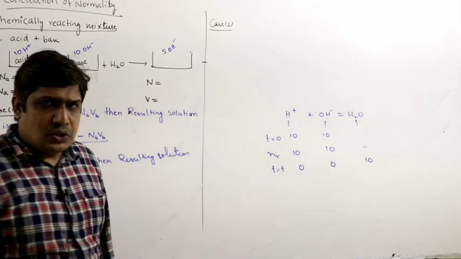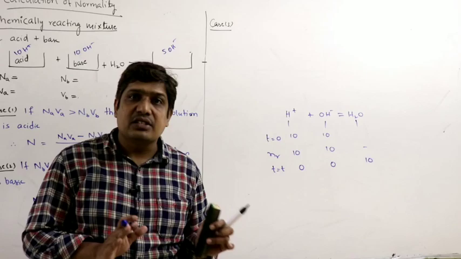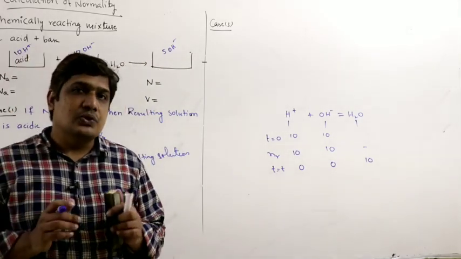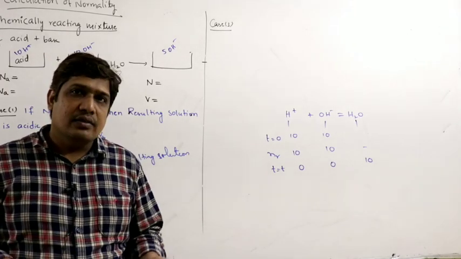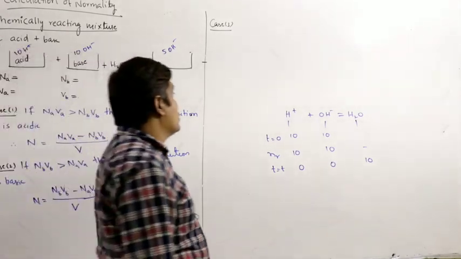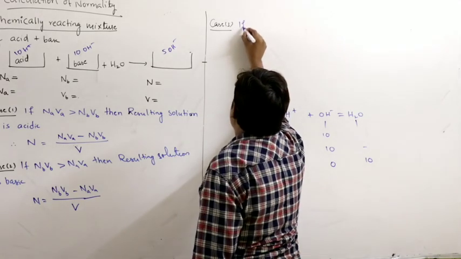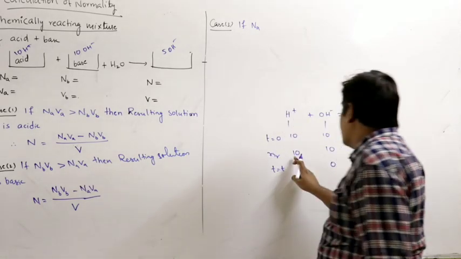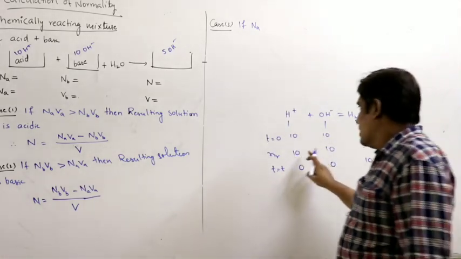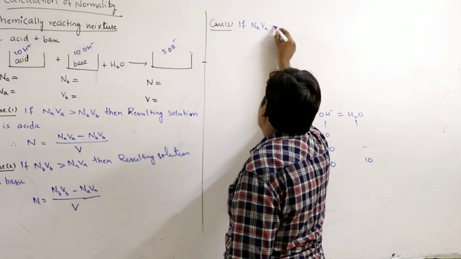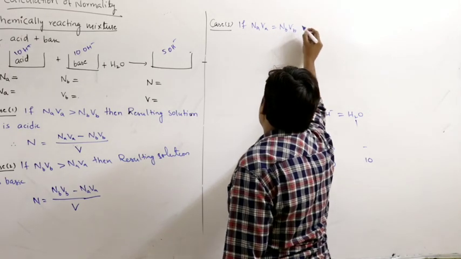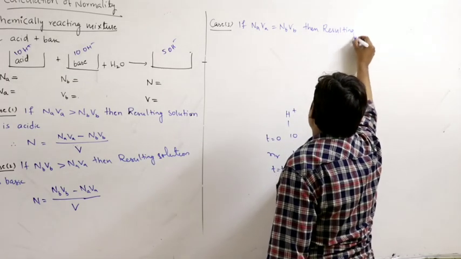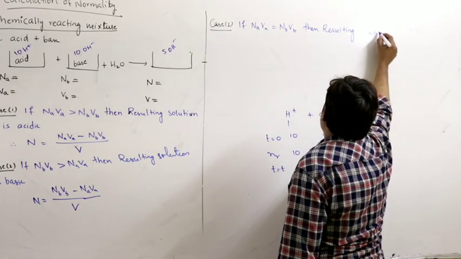That means the resulting solution does not contain any net H plus or OH minus. It contains only undissociated water. So it is a neutral solution. So here, if 10 H plus ions equal 10 OH minus ions, that is NaVa equal to NbVb, then the resulting solution is neutral.